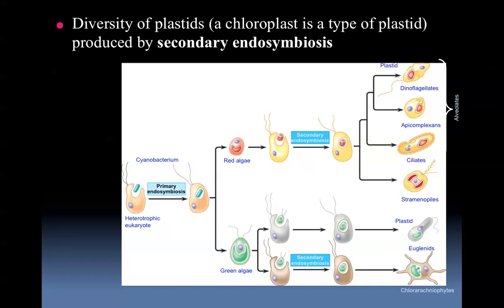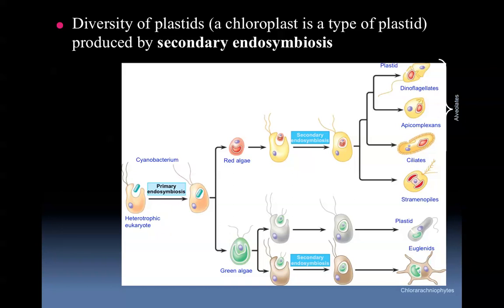Red and green algae are both protists, very closely related to plants, but they themselves were engulfed by other eukaryotes or were parasites of other eukaryotes and eventually led to the formation of a number of different groups of protists.